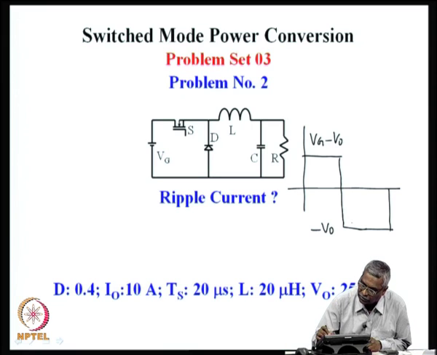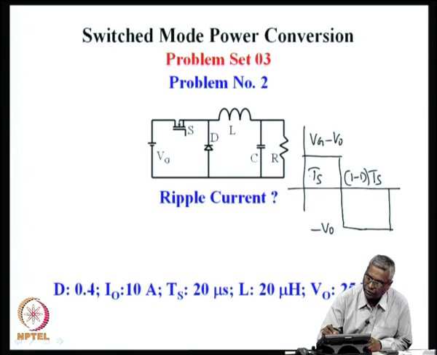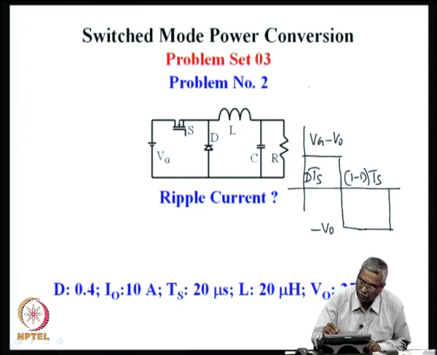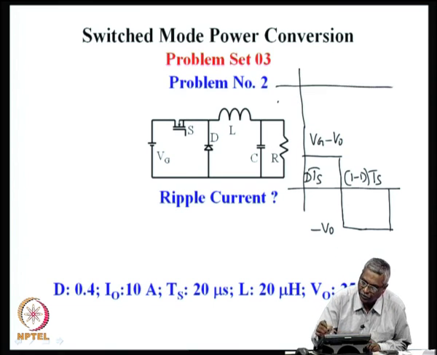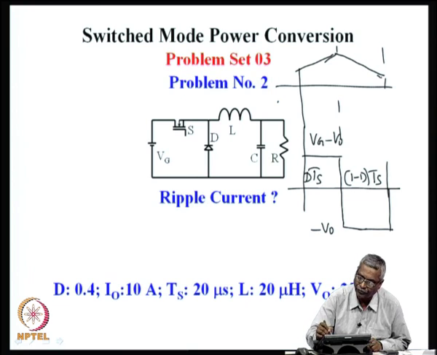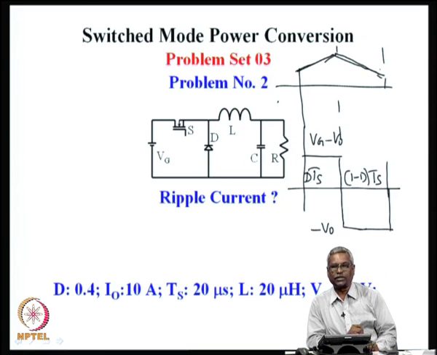So the inductor has minus V naught during (1 minus d) Ts, and Vg minus V naught during d times Ts. During the on time the inductor current will increase because of the positive voltage, and during the off time it will decrease. So, we can use either the on time voltage or the off time voltage to find the ripple.